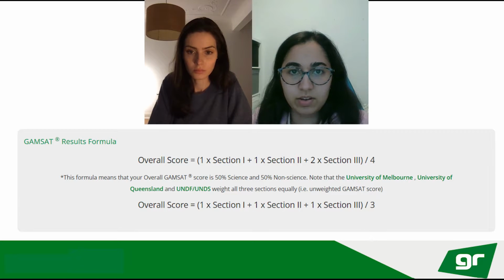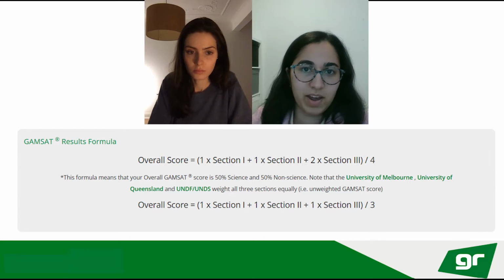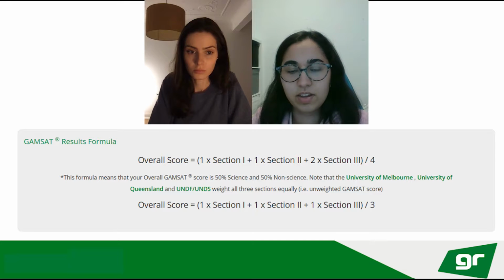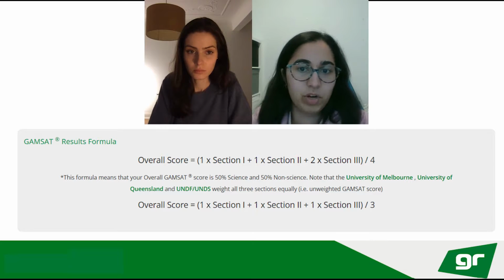So if you are strong at science, you might have a better shot, I guess, at applying for the universities that weight this way. But there's also other universities that just do a straight average of the 3 sections with all sections equally weighted. So depending on what you like with science versus humanities, this could work in your favour or not.